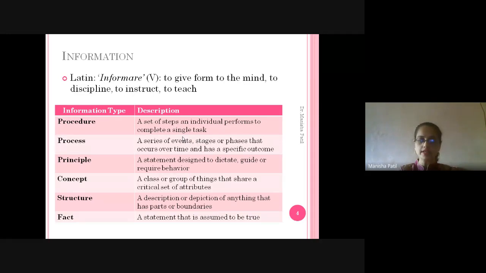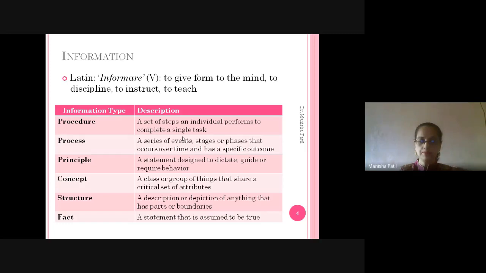So if you have to describe that particular building, how you are going to describe it? The last one, fact, a statement that is assumed to be true.